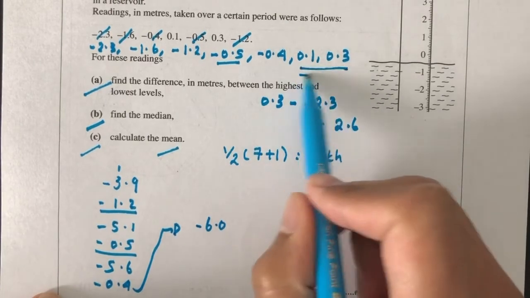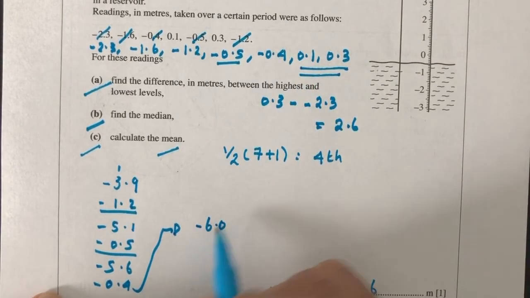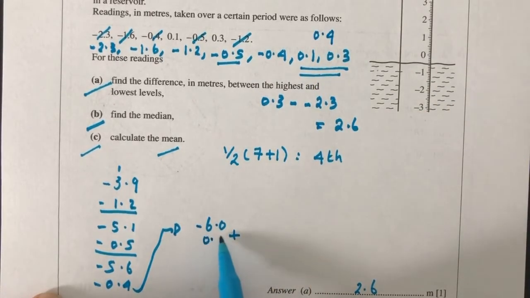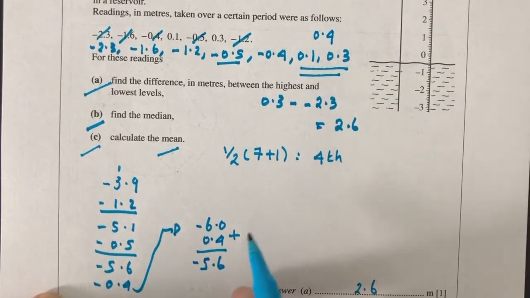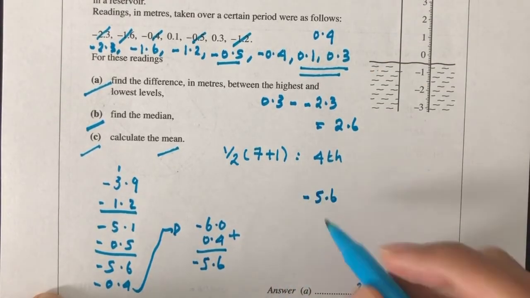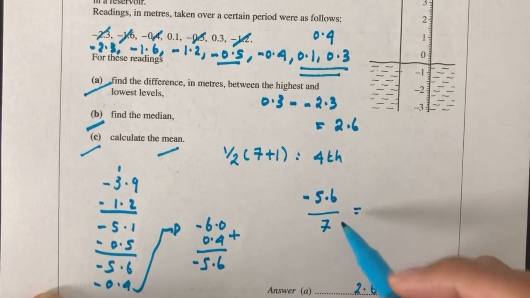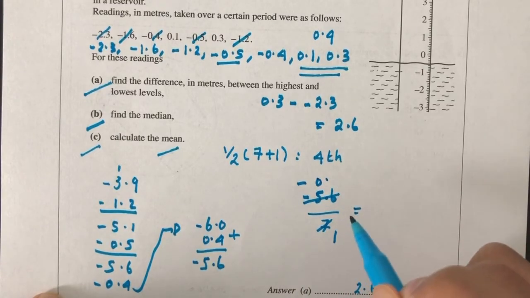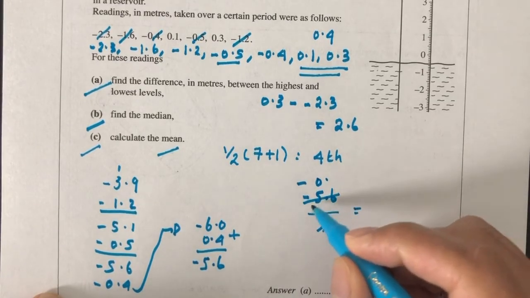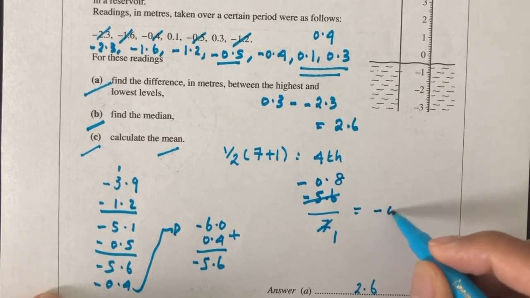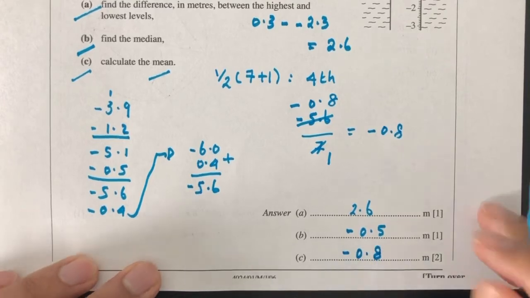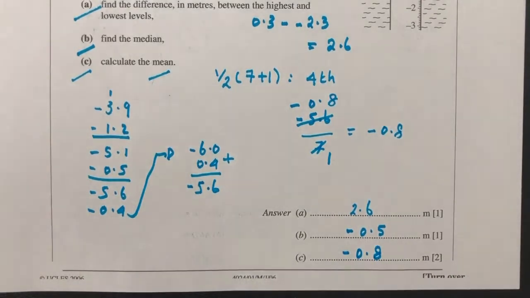Then plus these two, 0.1 and 0.3, add to 0.4, that becomes minus 5.6. So the sum of everything is minus 5.6, divided by 7 to find the mean, that will be minus 0.8 meters for the mean value. That will be question 20.